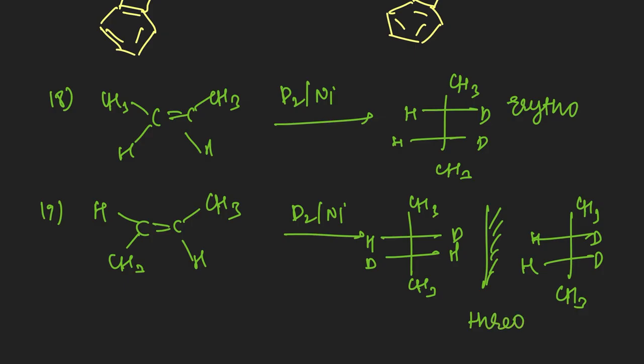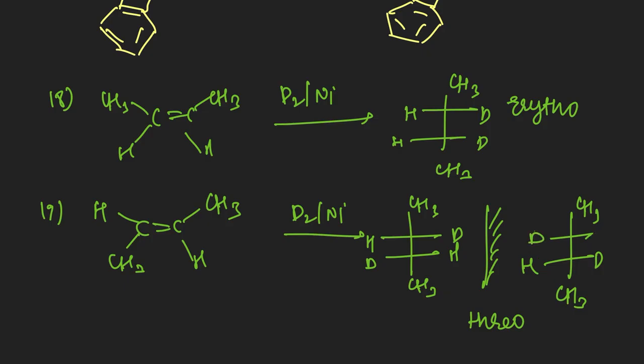So when we have a trans-like situation, where the hydrogens are different and deuterium are there, its mirror image will have deuterium and hydrogen here.